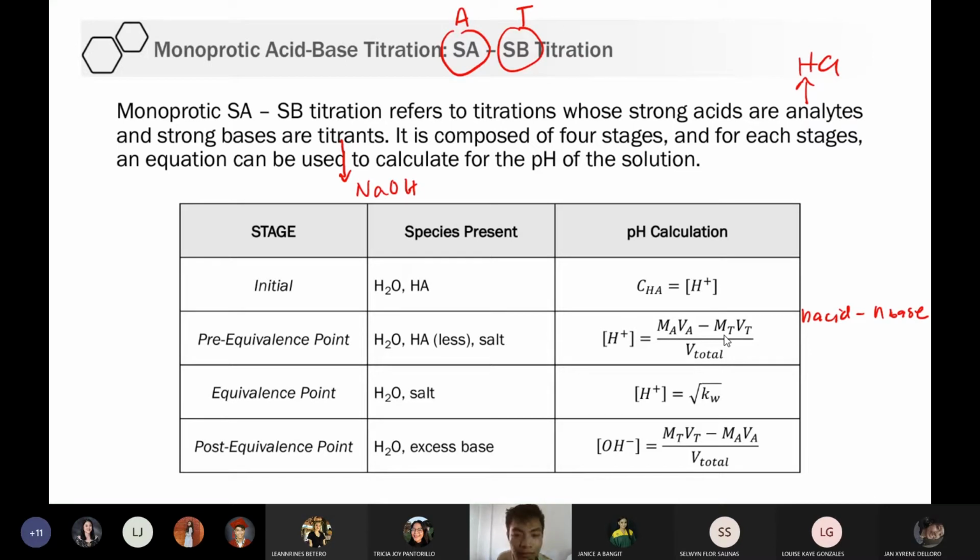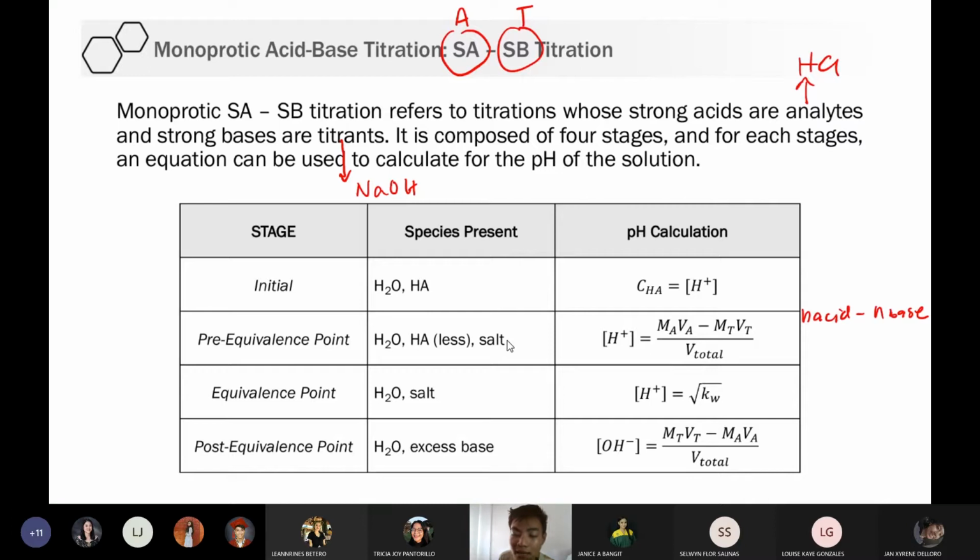Okay? So, once na nakuha mo na yung mole ng acid na natira, i-divide mo yun sa total volume. Okay? This part of the equation naman yung dilution. Yung pag-divide sa total volume. Dilution. Bakit? Kasi nagdadagdag na tayo ng liquid. So ano nangyayari? Nadidilute yung substances natin. So to account for the dilution, we have to divide it by the total volume. Ano yung total volume?